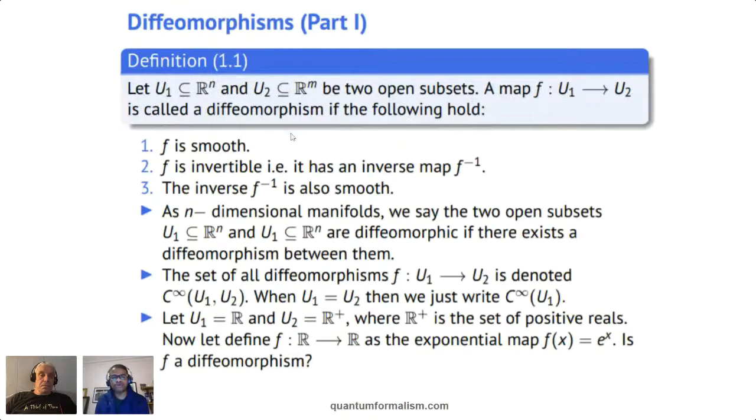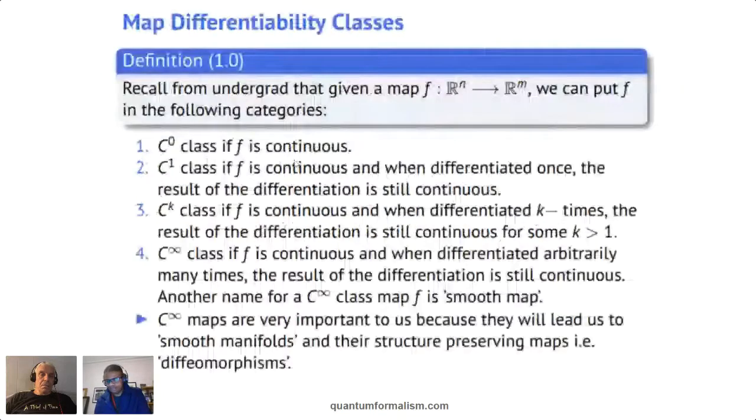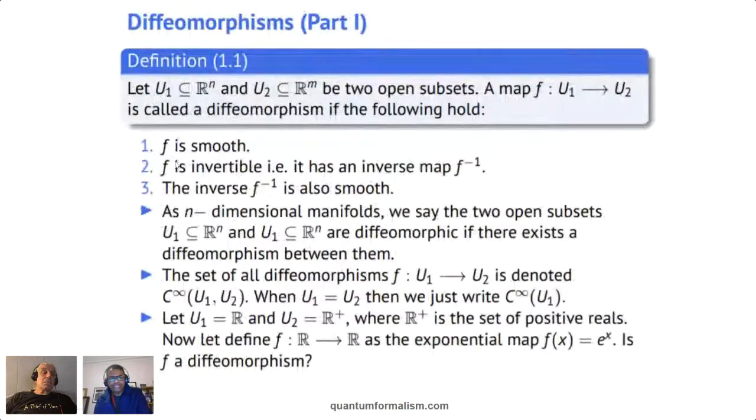This map is called a diffeomorphism if it satisfies these three conditions. If f is smooth, by that you can arbitrarily differentiate it, as per the definition we were just giving, and f is invertible, sorry, I forgot to say, f has to have an inverse, and the inverse is also smooth.